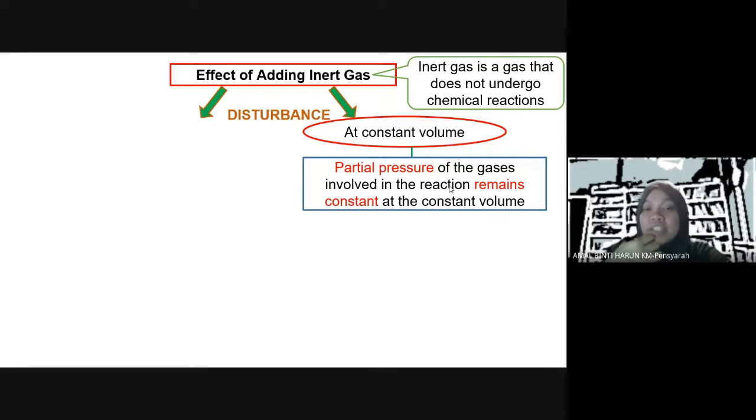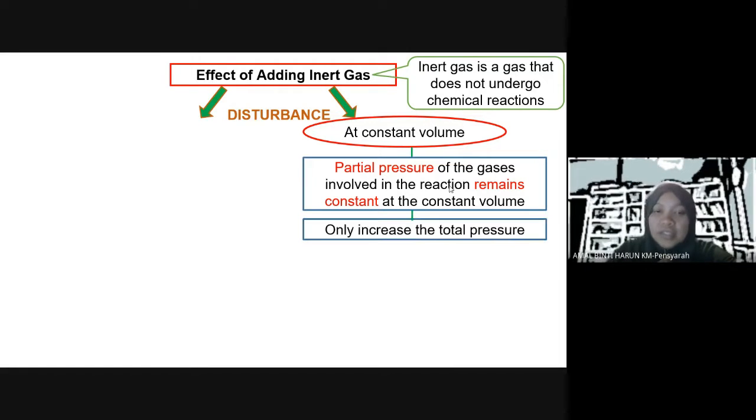So, partial pressure ni walaupun kita ubah, kita tambah sesiapa sahaja pun, gas itu tetap menghasilkan pressure yang sama. So, kalau you tambah inert gas kepada sistem tadi, adakah partial pressure exerted by each of the gases will change?